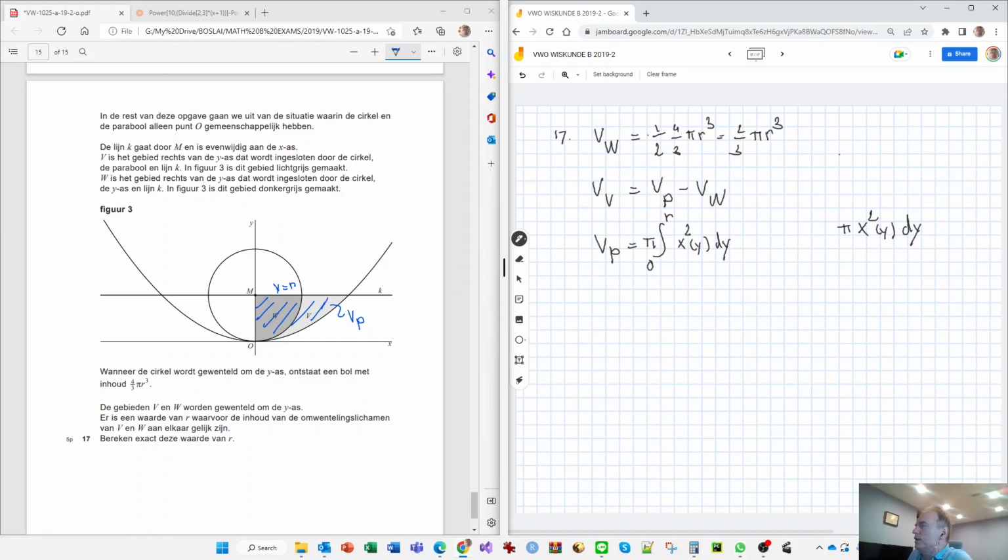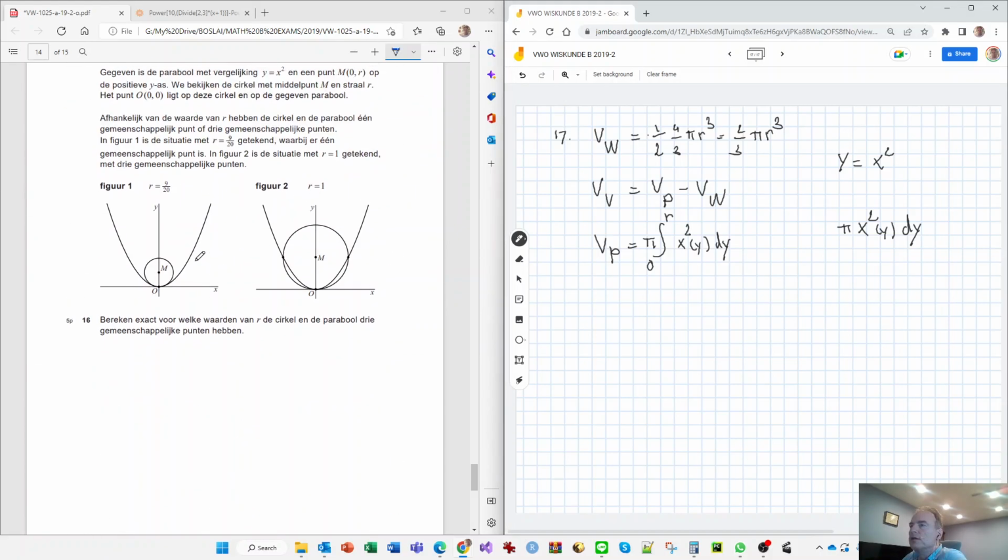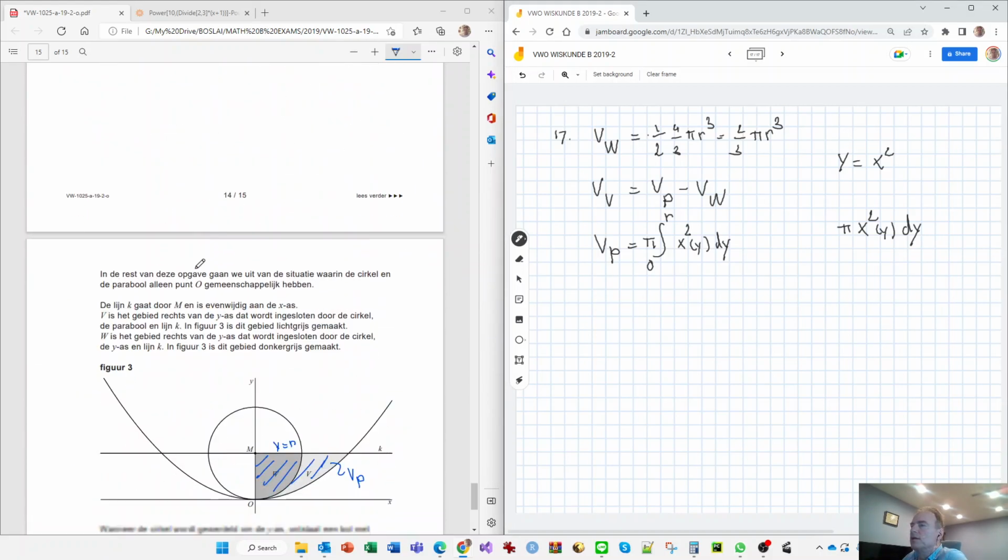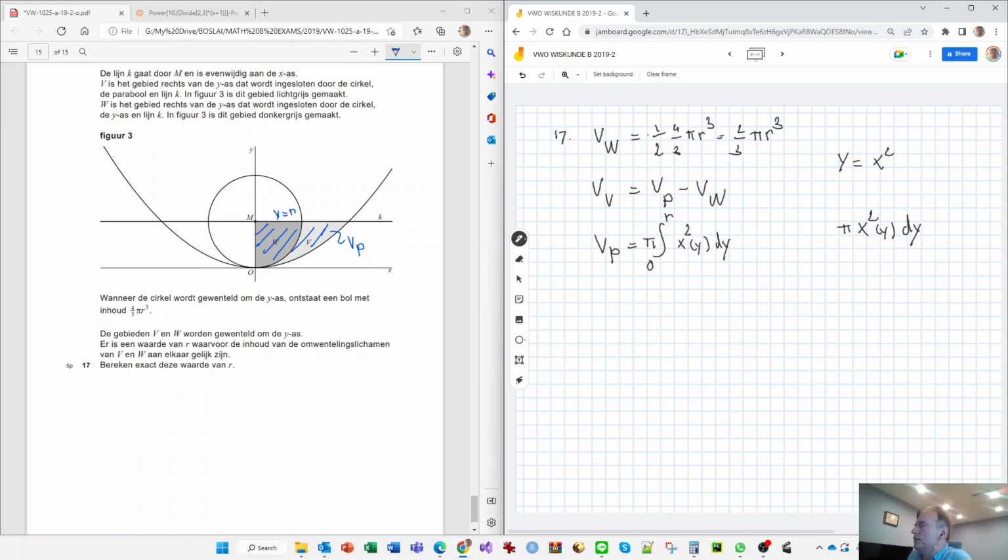So what is that parabola? It was y equals x squared. That means that x as a function of y is the square root of y. You basically are just integrating the inverse function.